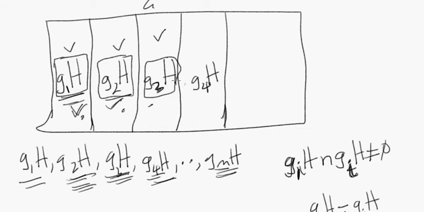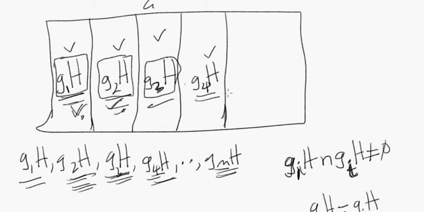So every new partition that we add contains elements of G that were not in the previous partitions. G4H contains elements of G that were not in G3H or G2H or G1H. So if we keep adding new elements of G to the partitions every time, and G is finite, can this process ever go on forever?